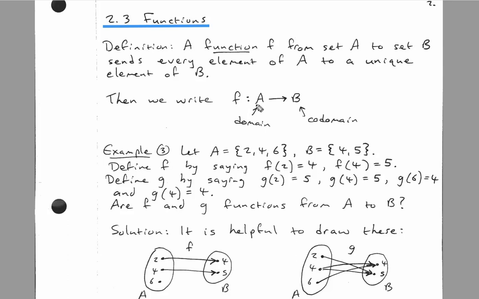So f colon A with an arrow to B, that means f is a function from A to B. A is called a domain, B is called a codomain. And yeah, note these two key words. So to be a function, everything in A has to go to a unique element of B.